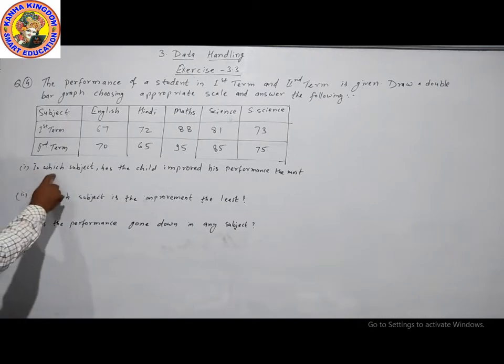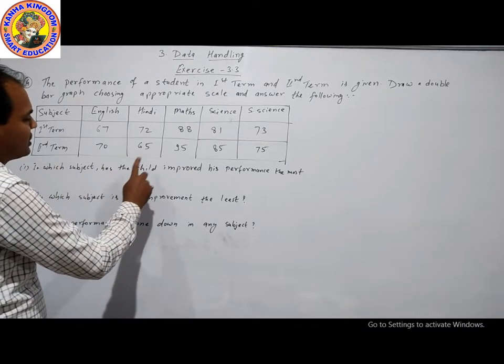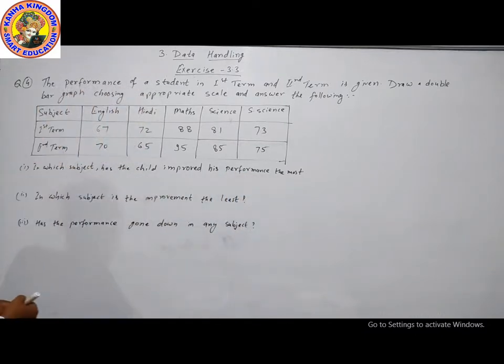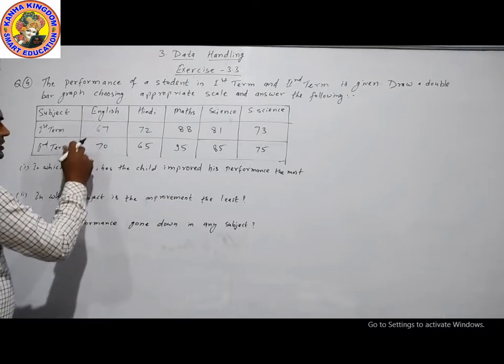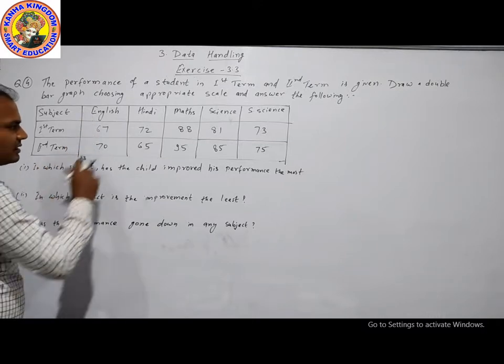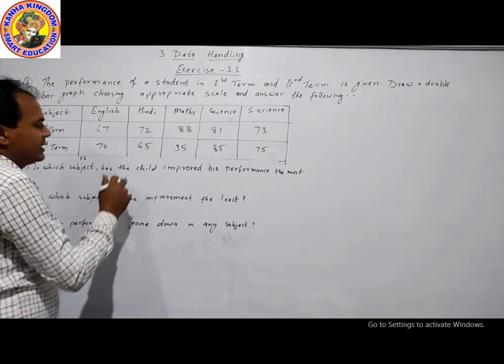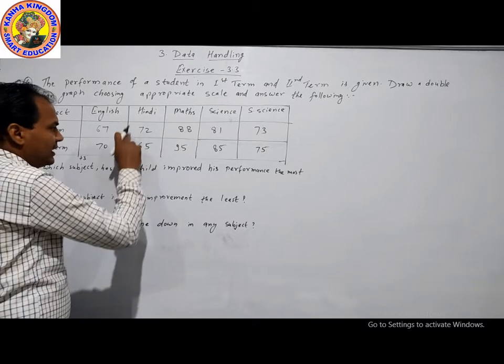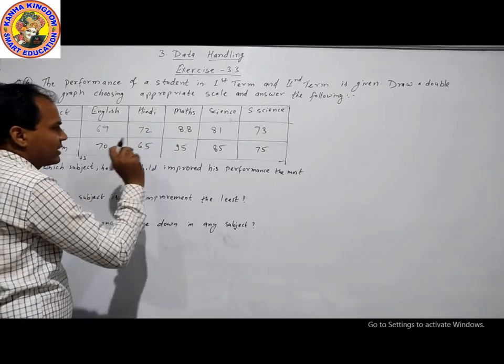First question: in which subject has the child improved his performance the most? In English the child improved his performance by +3. In Hindi it is -7, a downfall in marks.